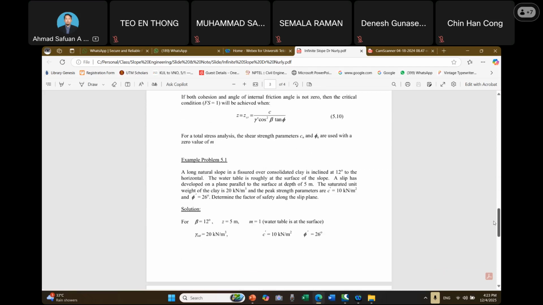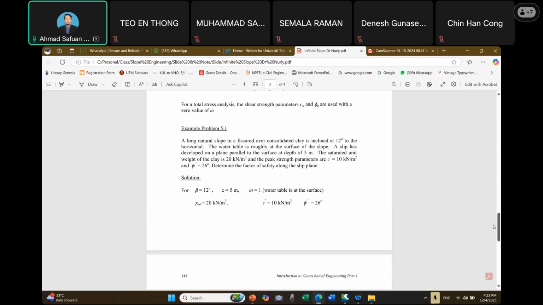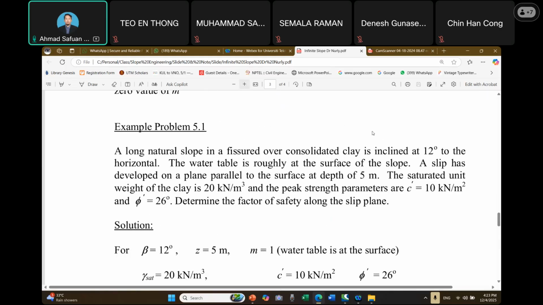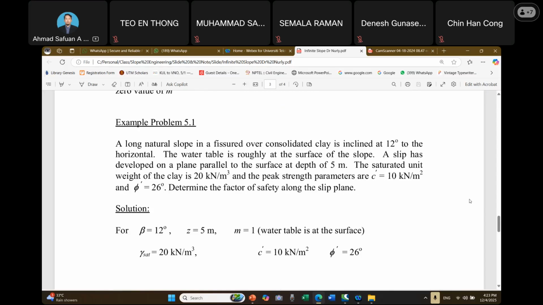We look at this example on the use of the M method. A long natural slope in fissured overconsolidated clay is inclined at 12 degrees to the horizontal.